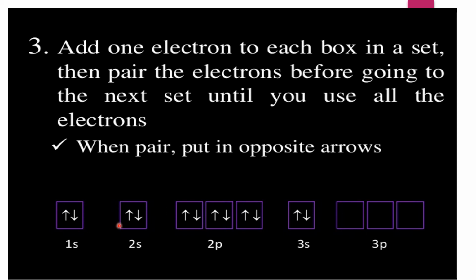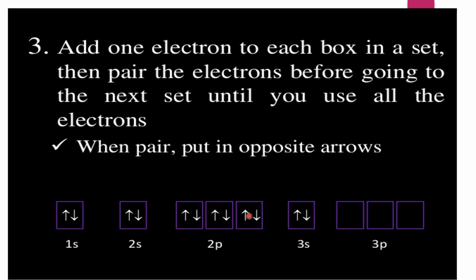Then move to the second set, that is the second orbit, second energy level. Then here draw an electron in each box. And then what happens? 2s is filled with 2, 2px 1, 2py 1, 2pz 1.